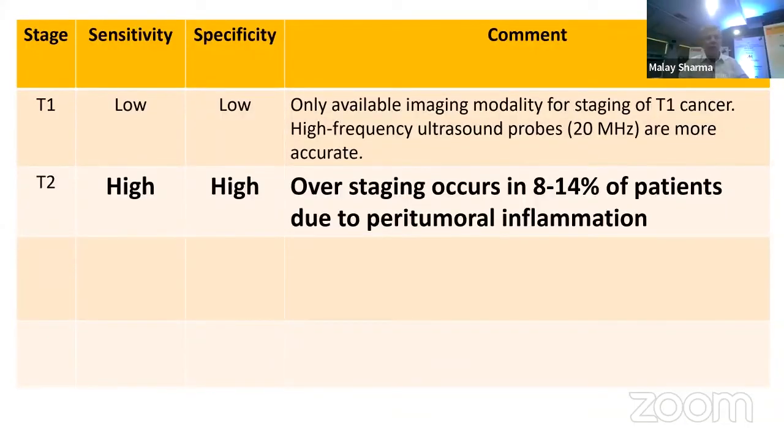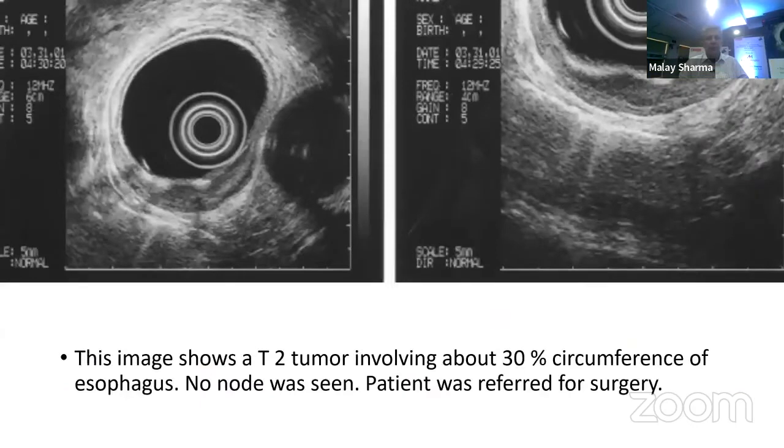When the tumor is T2, the sensitivity is very high, but overstaging can occur because of peritumoral inflammation. For example, this is a T2 tumor involving 30% of the circumference of the esophagus, and there is no node, but this patient was referred for surgery.